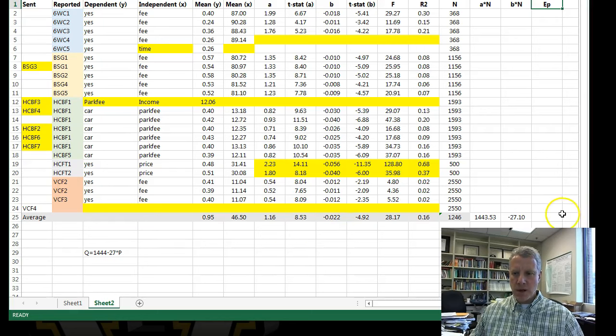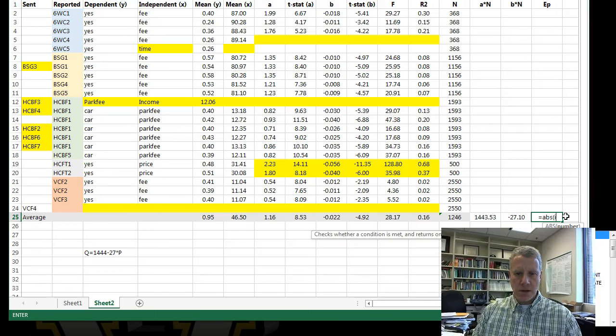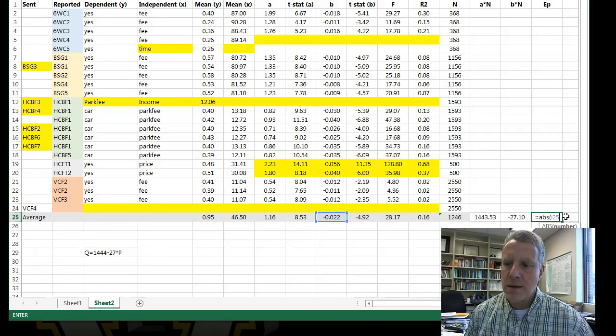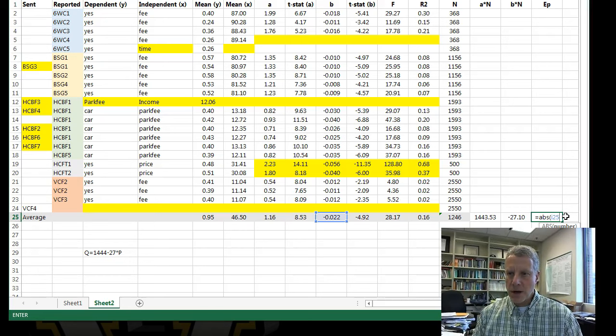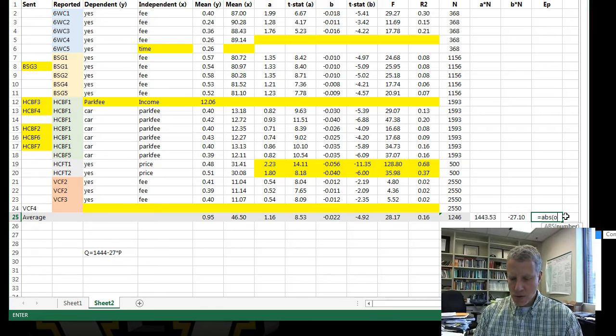And that is equal to the absolute value of the coefficient on the price variable, I25. That's not right. On the market price variable, so O25.